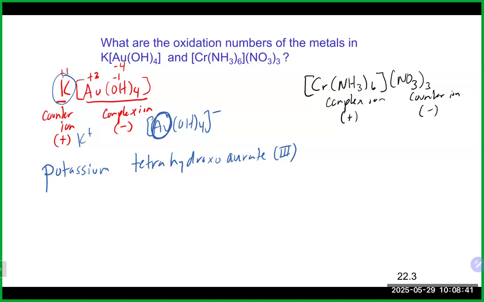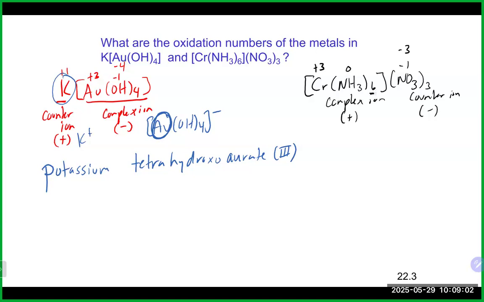That means when we get to our metal, we can just use the regular name chromium. We don't have to use the old school name of chromate. Here again, the chromium had 0 for the ammonia and -1 for each nitrate, 3 of them, -3, so the chromium had a +3 charge.